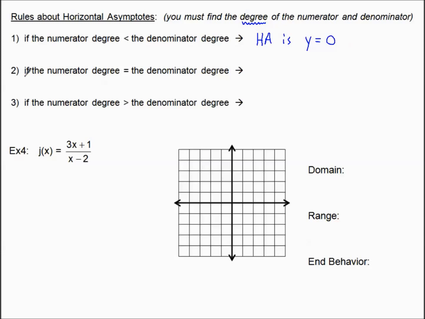In our last example, it was case number 2. If the numerator's degree is equal to the denominator's degree, then the horizontal asymptote is y equals the leading coefficient.